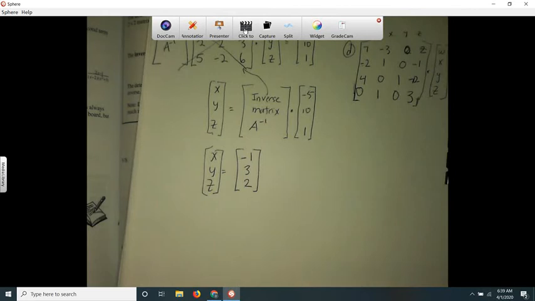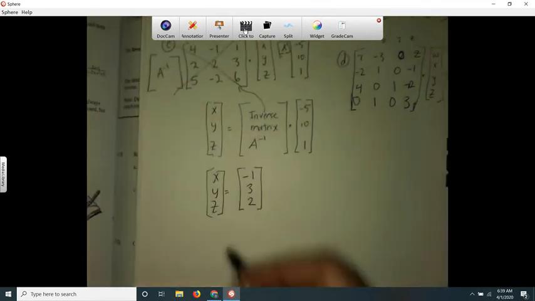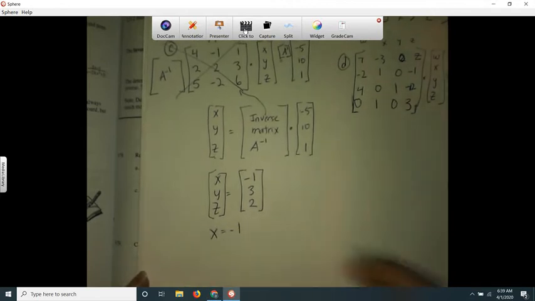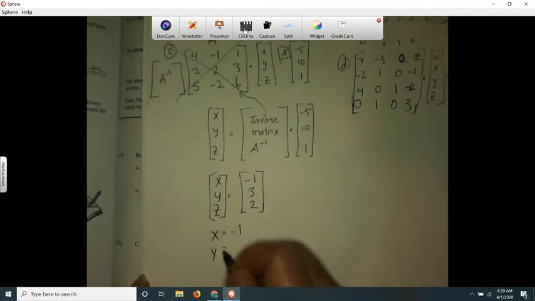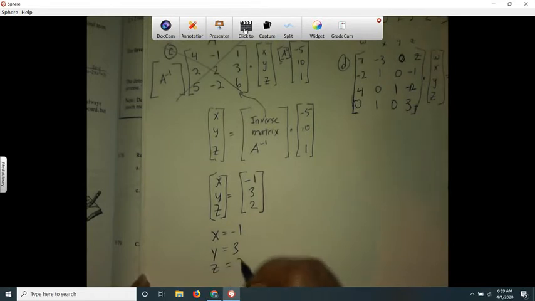Okay, so that's the answer. So that means that x equals -1, y equals 3, and z equals 2.